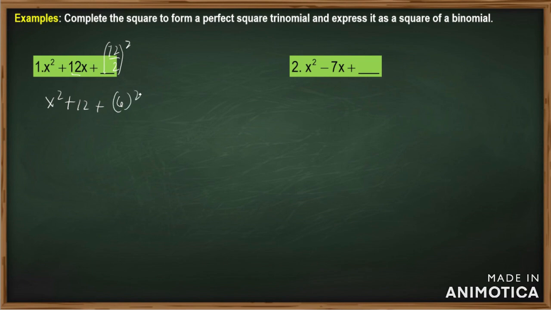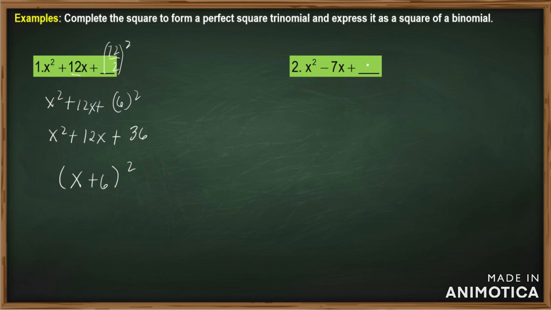Then we are going to square 6. X squared plus 12x plus 6 squared means 6 times 6. So that is 36. And then we are going to express it as a square of a binomial. So get the square root of x squared, and that is x. Then get half of 12, and that is 6.